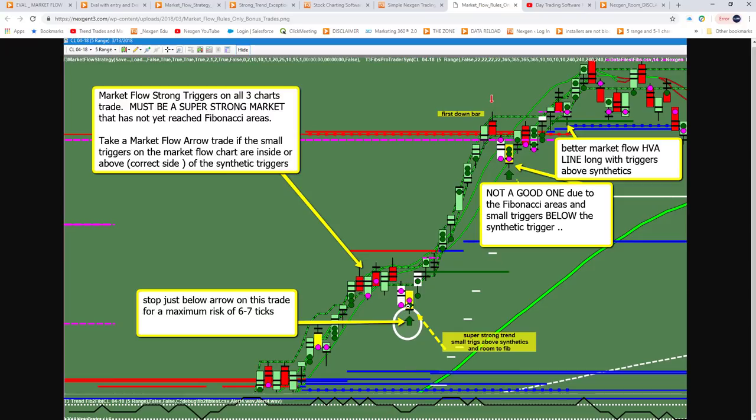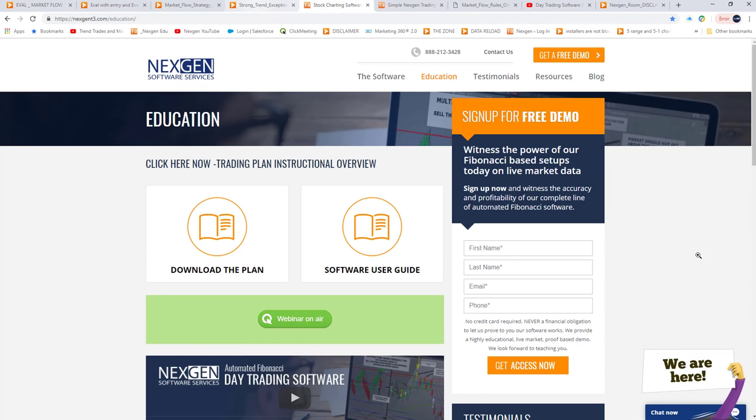And if we end up in a runaway situation, we want to take the market flow reversal longs with the arrows because sometimes that's the only way to get in. We call it kind of a bonus trade, if you will. But it's a really, really consistent trade with the trend when the trigger line configuration is correct. And again, that's in your strategy.